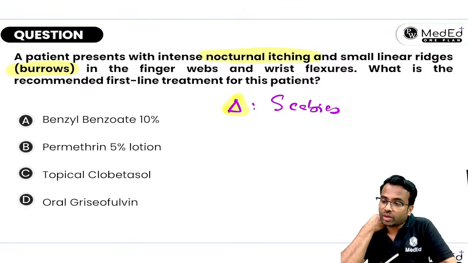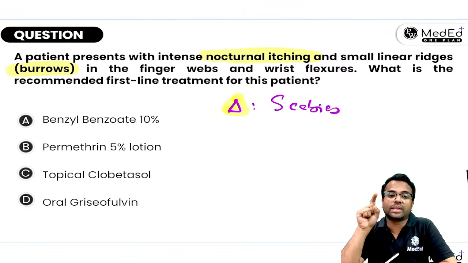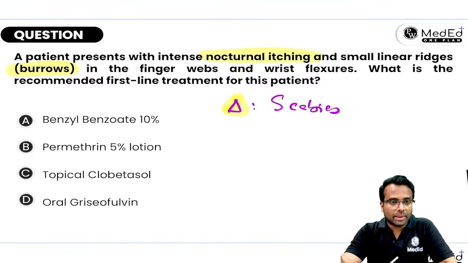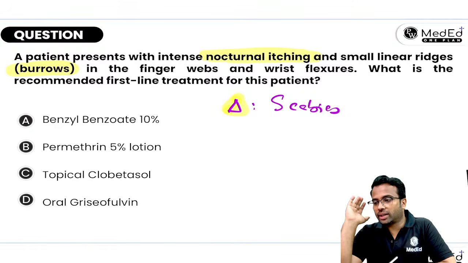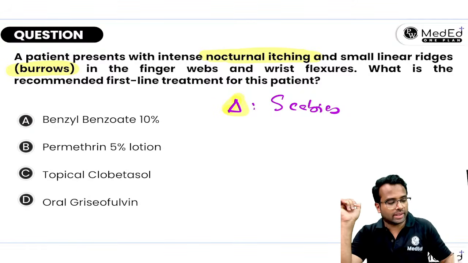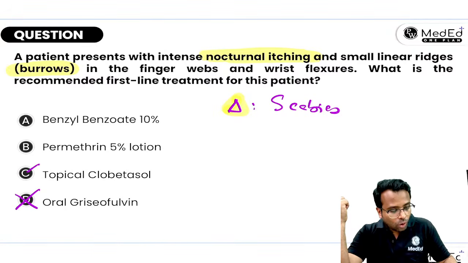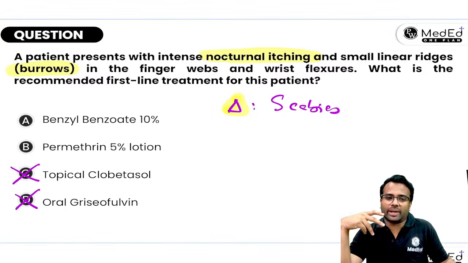Very good, Subha. Vedant is also answering. Coffee scrubs is also answering. So if it is scabies, what is the recommended first line treatment? Benzyl benzoate, permethrin, clobetasol, griseofulvin. Here I can easily rule out oral griseofulvin because it is an antifungal agent, and clobetasol because it is a steroid, right?